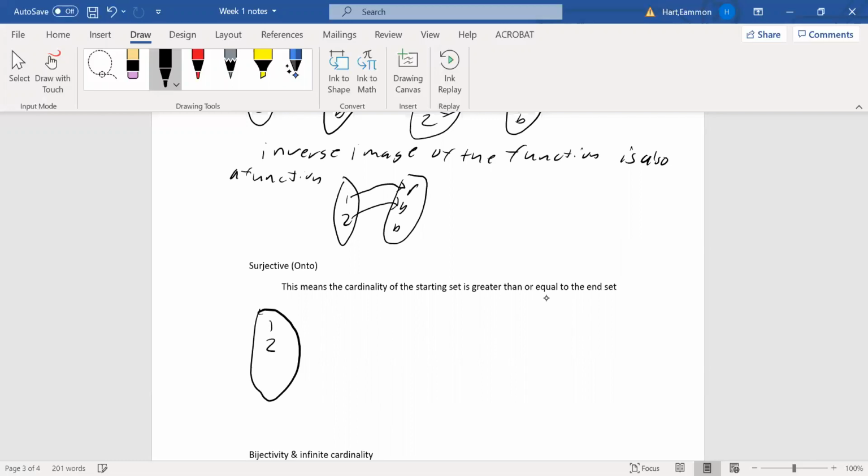So if we have 1, 2, 3, red and blue, in this case this mapping is surjective because it covers every single element in our range.